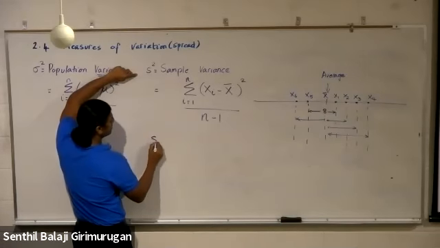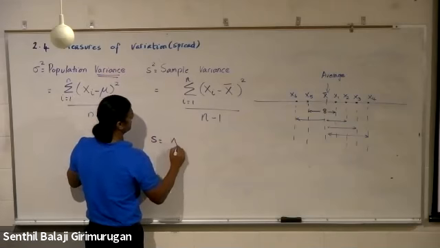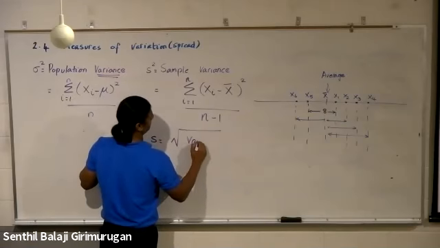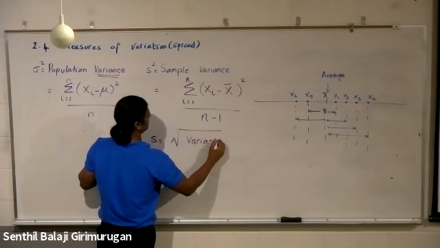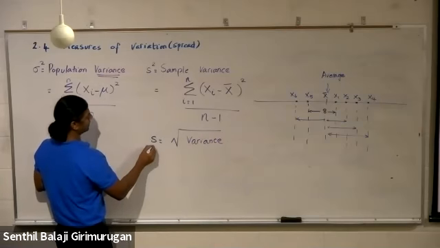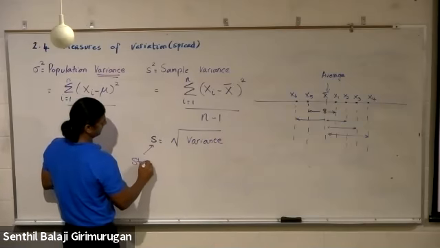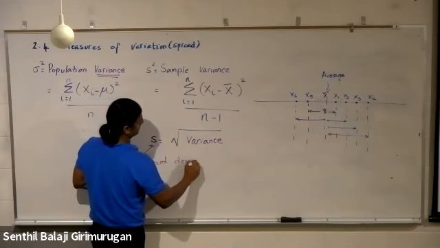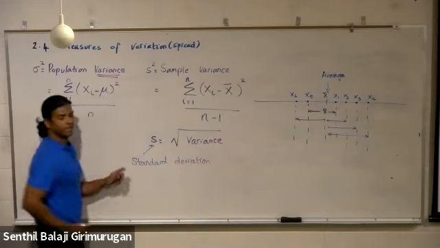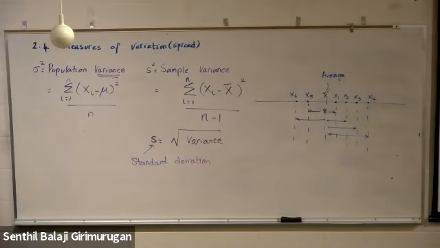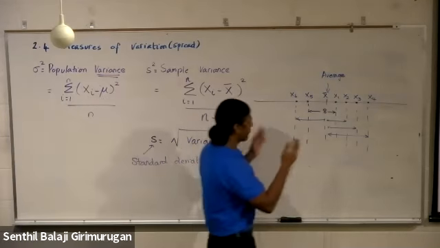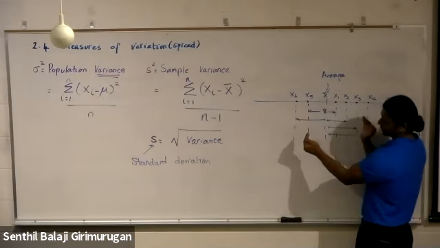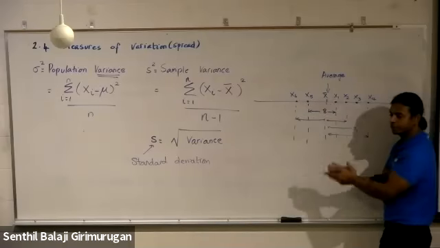If you take the square root of variance, you will get the standard deviation, and by all means, this is a proper measure that is going to give us the variation between observations.